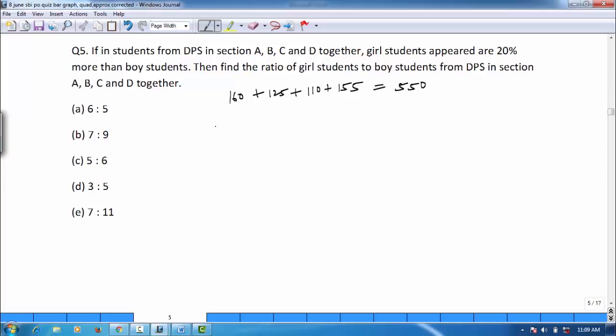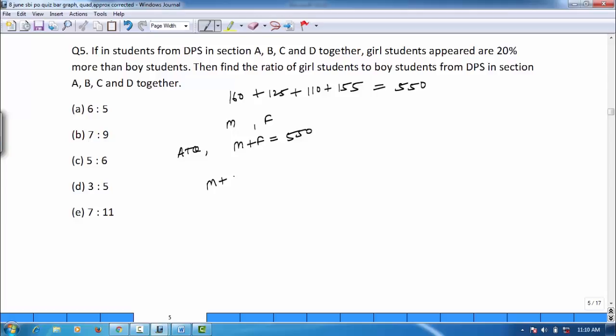Let the number of male students be M and the number of female students be F. Now according to the question, the total number of students is 550. So number of male students plus female students will be equal to 550. So M plus F will be equal to 550. Also, number of females is 20% more than number of males.